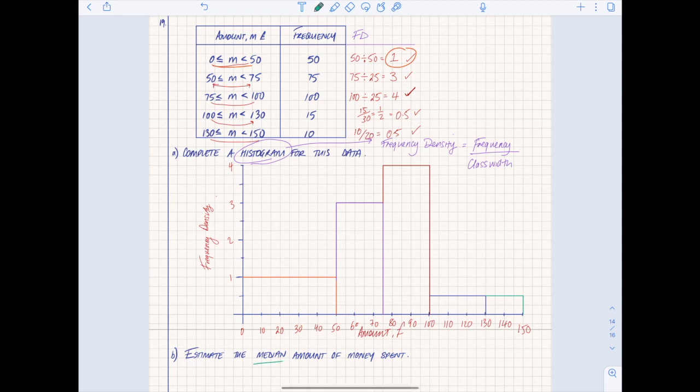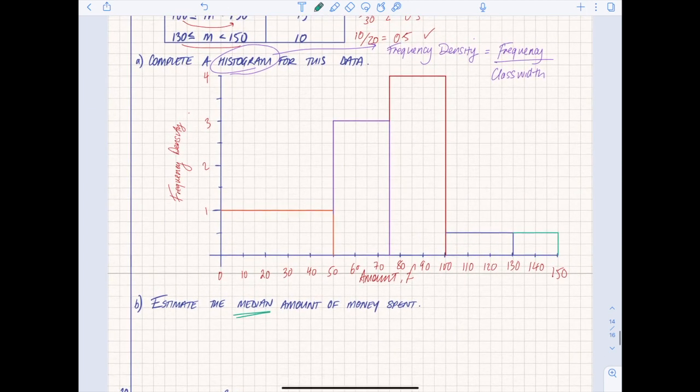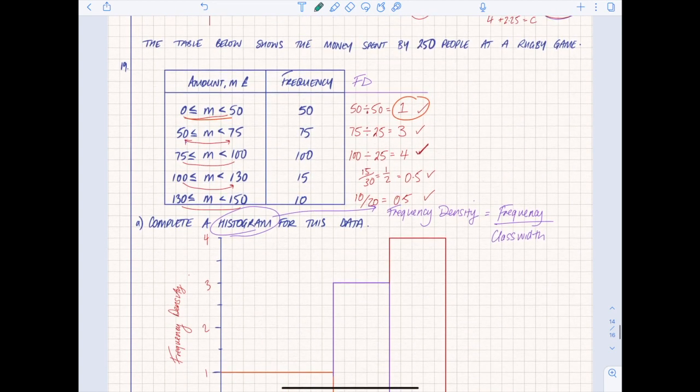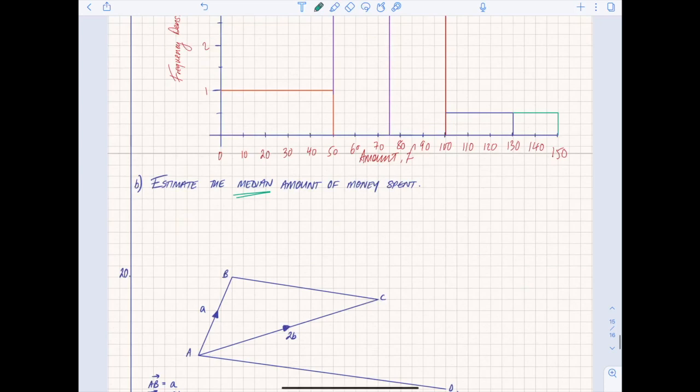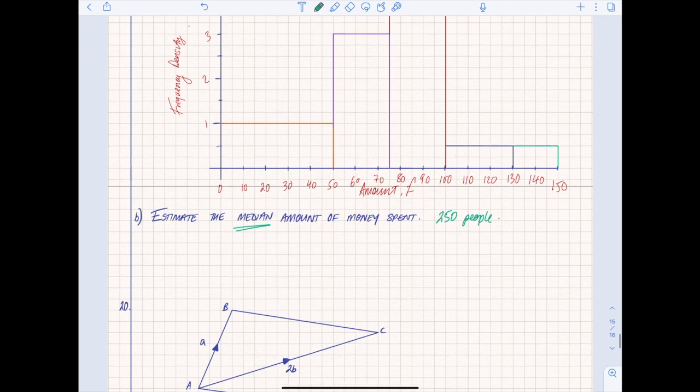It then says estimate the median amount of money spent. So this is where histograms become a little bit harder. Okay, so let's just think about what we know. We know that there are 250 people. And I'm being asked to find the median. So the median is the middle value.